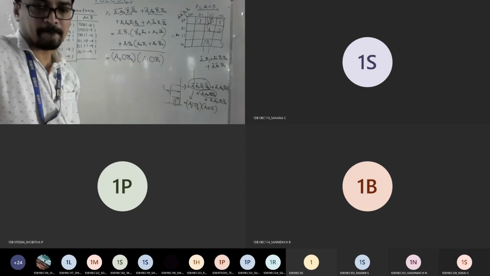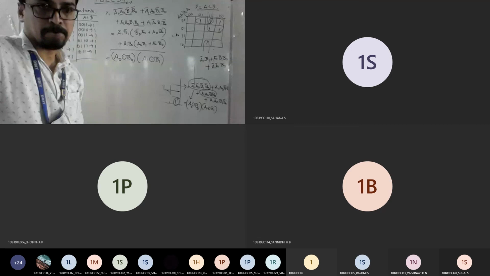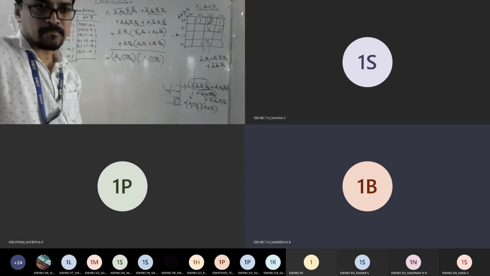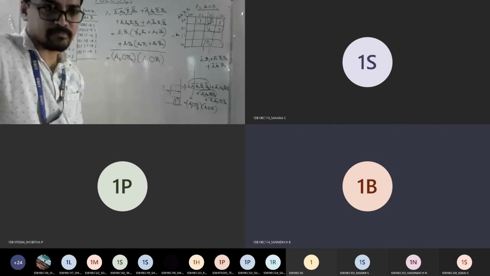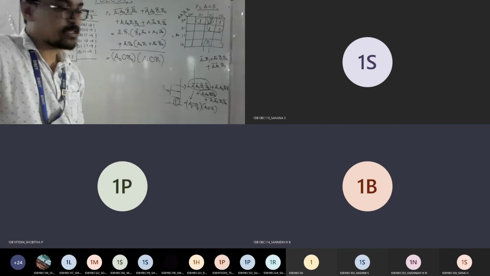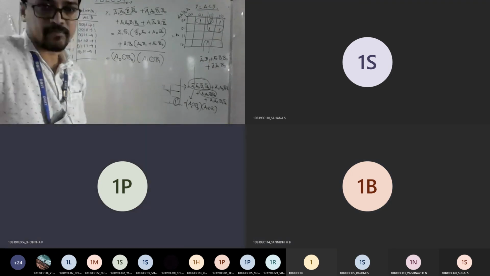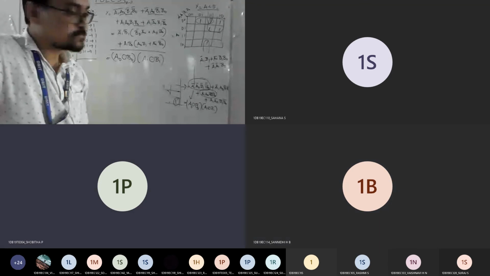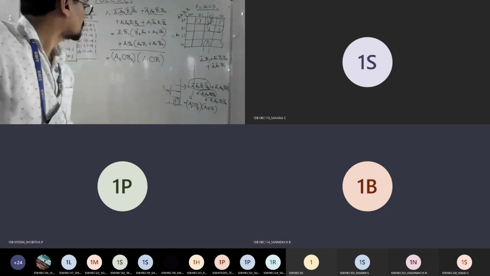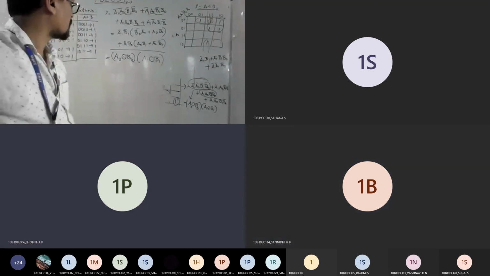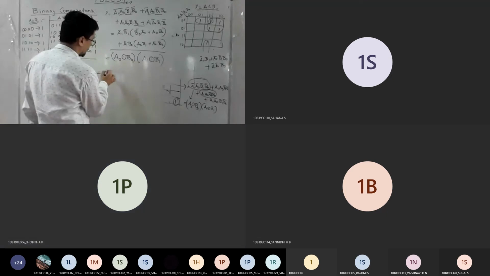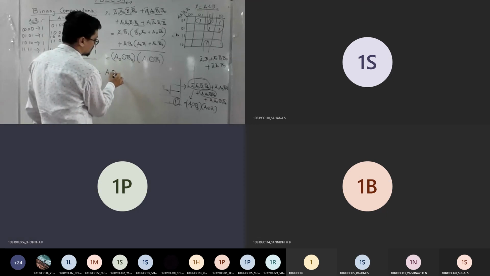Is it done? What is the answer here? What I wrote, is it matching? Sir, A0 whole bar should be there. A0 XOR B0 bar, A1 XOR B1 bar. Okay, you want it like this?